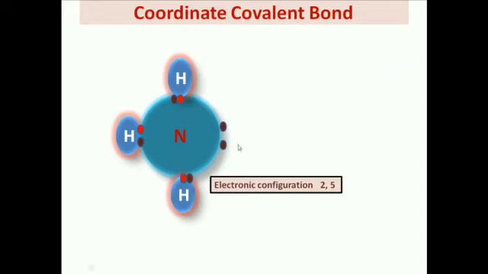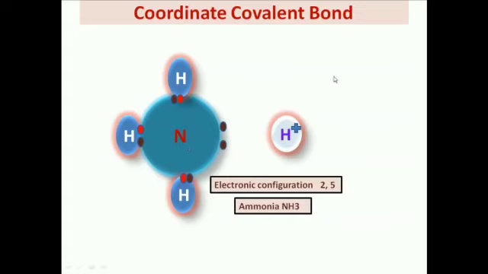But what about the remaining electron pair? That electron pair belonging to nitrogen is still unshared. This pair is known as a lone pair of electrons. If any electron deficient species approaches ammonia, what happens here? Nitrogen, which contains the lone pair of electrons, donates the lone pair to that electron deficient species.